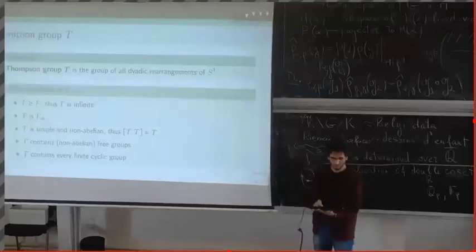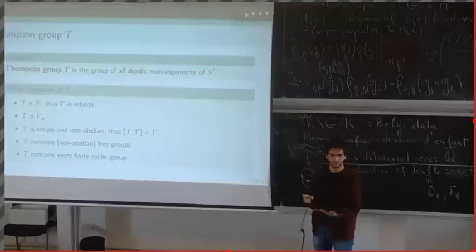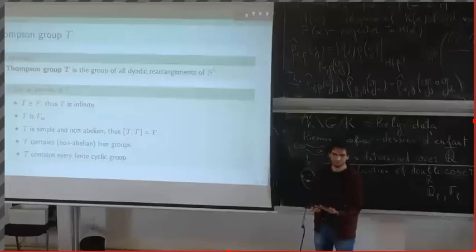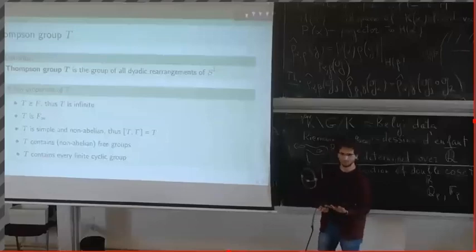It has some similar properties and also some quite different properties from F. It is an infinite group. It contains infinitely many copies of Thompson group F. It is also finitely generated, and it is its own commutator subgroup. So this is quite different from F. It is simple, the same as its commutator subgroup though.